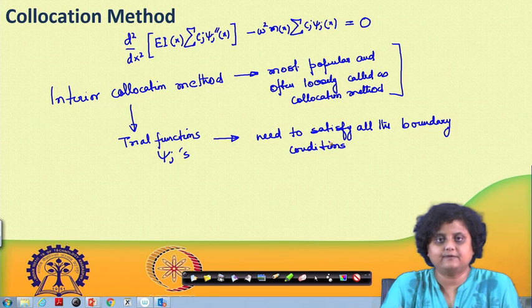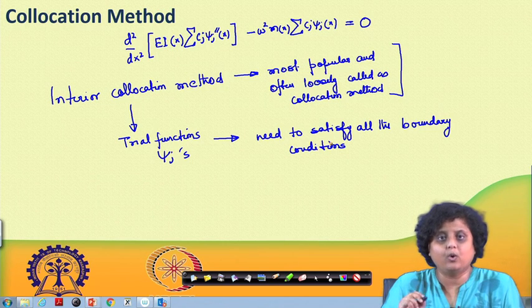So, it should satisfy conditions like displacement is equal to 0, rotation is equal to 0, or shear force is equal to 0, or bending moment is equal to 0. So, a trial function in the case of interior collocation needs to satisfy all the boundary conditions, unlike in the Rayleigh-Ritz method where the trial function is required to satisfy only the displacement boundary conditions.